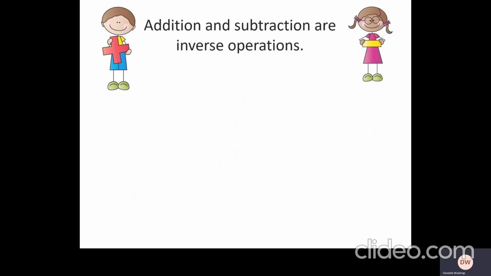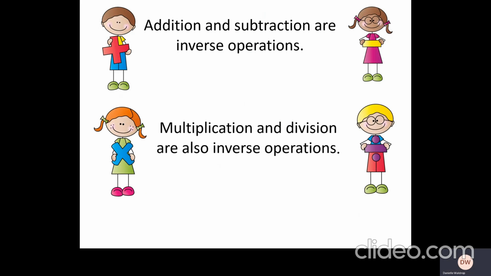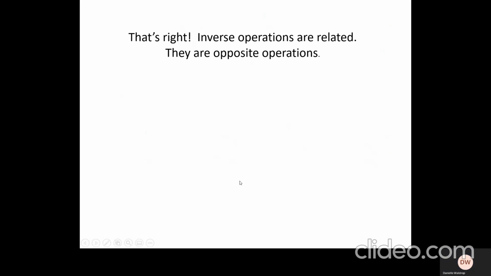All right, so addition and subtraction are inverse operations, which we have talked about a little bit already. Multiplication and division are also inverse operations. Okay, what does inverse mean? That means that inverse operations are related to each other. They're the opposites of each other.